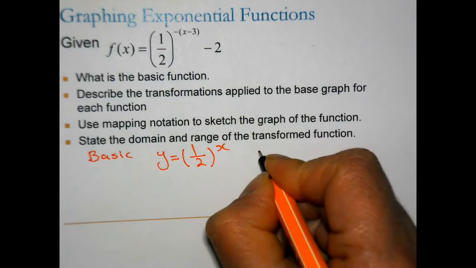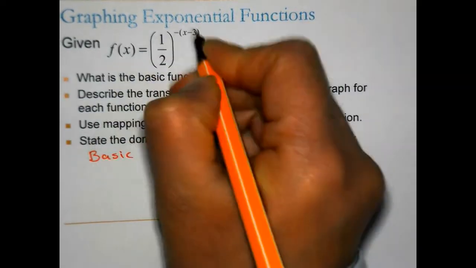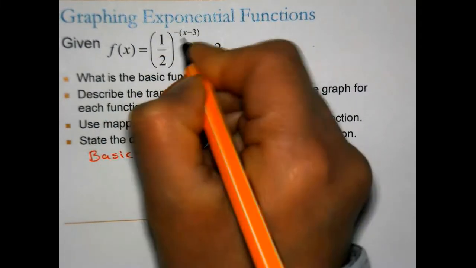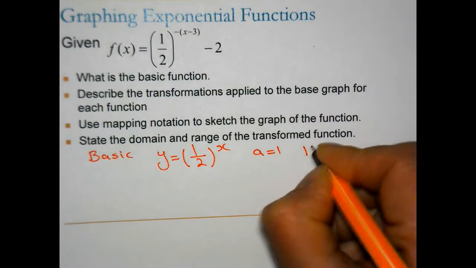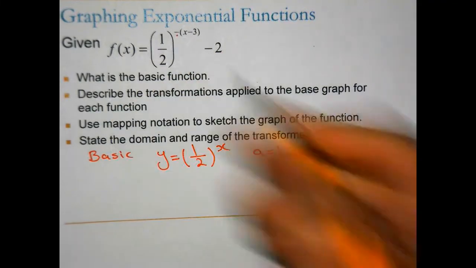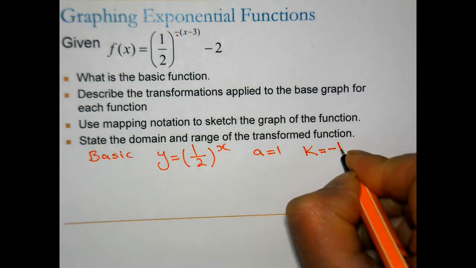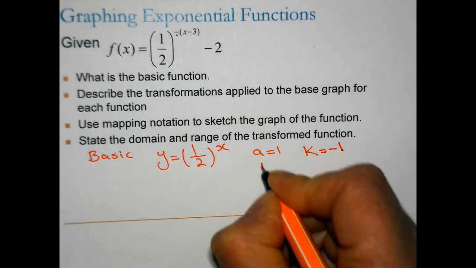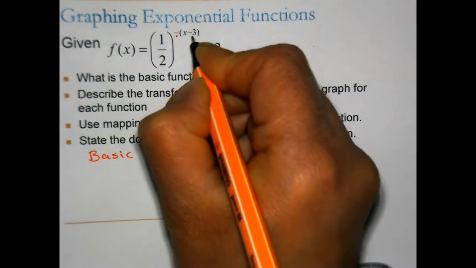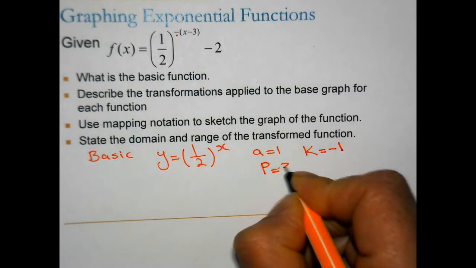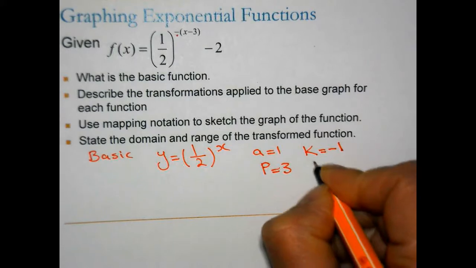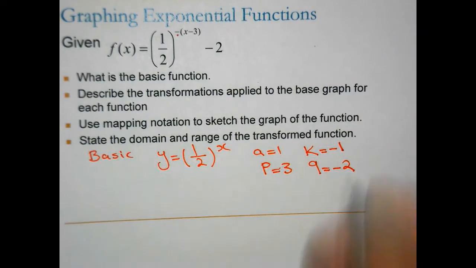Now, our a again is 1. There is no number being multiplied by this. Our k is here, which is actually -1. P is coming from here, opposite of this number, which is +3, and our q is -2.